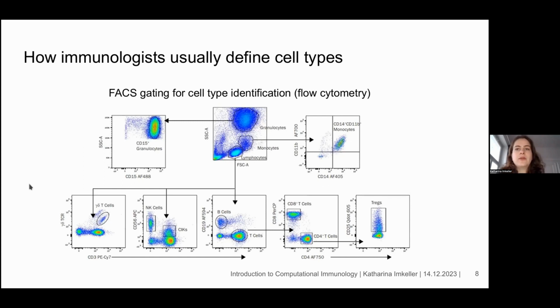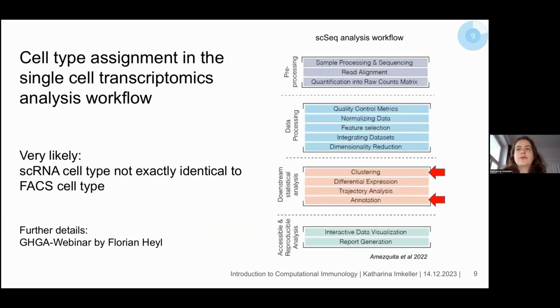Nowadays, in immune research projects, typically the data does not only or not at all stem from flow cytometry experiments, but rather from single-cell transcriptomic experiments. And I would like to discuss how the cell type assignment can be done in single-cell transcriptomics analysis workflows.